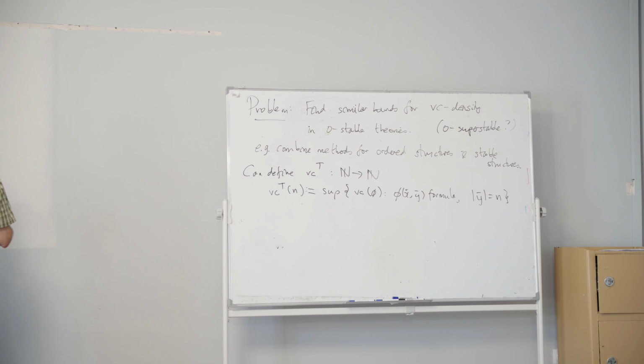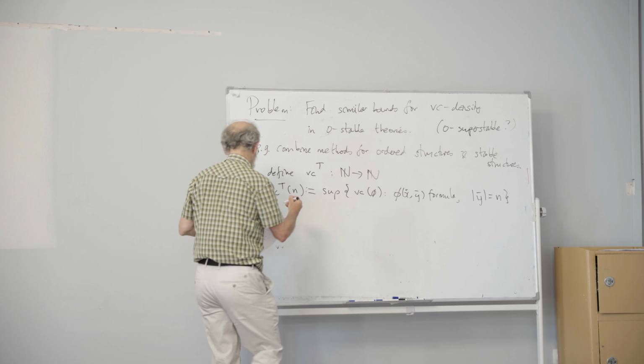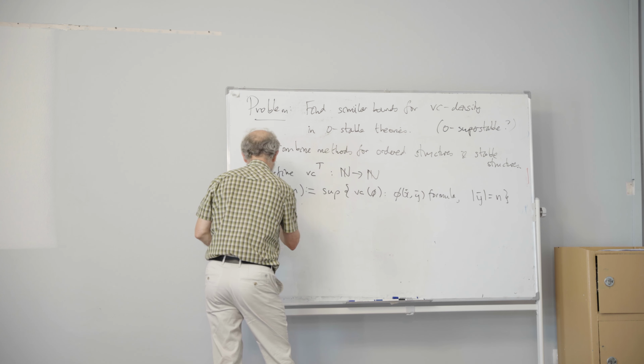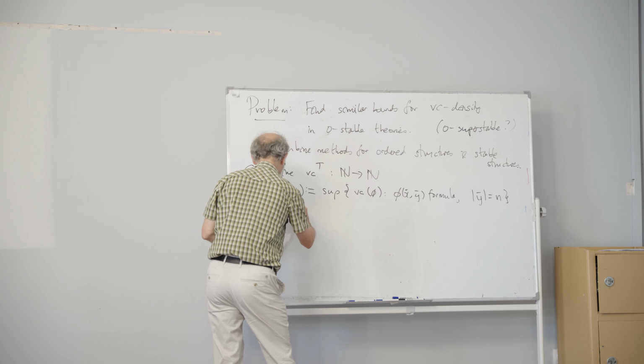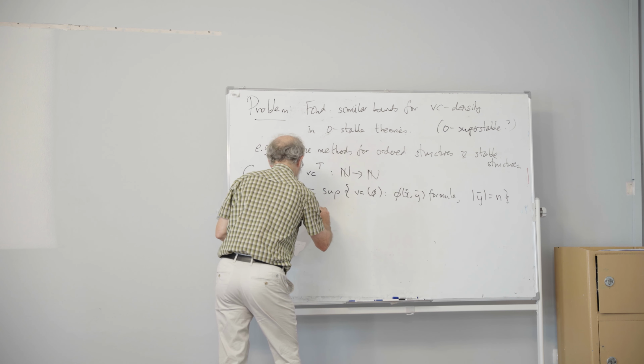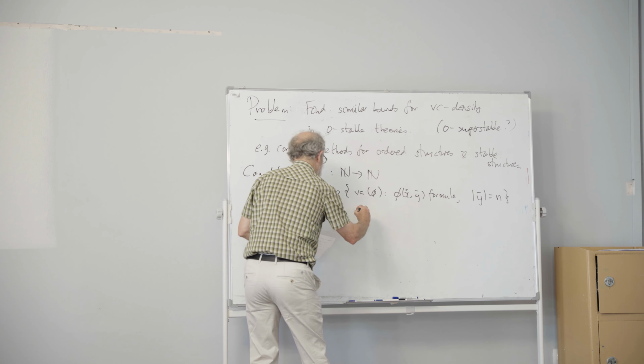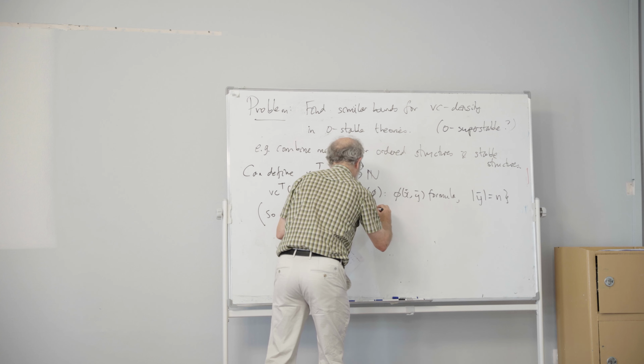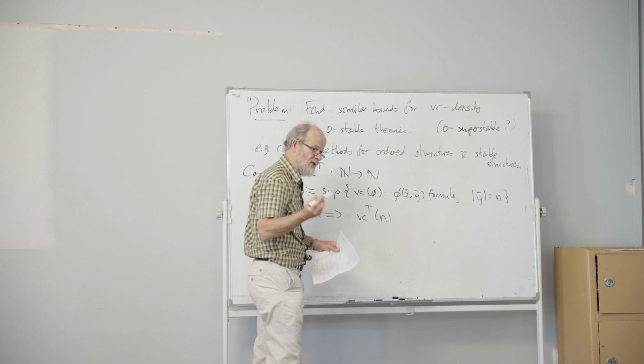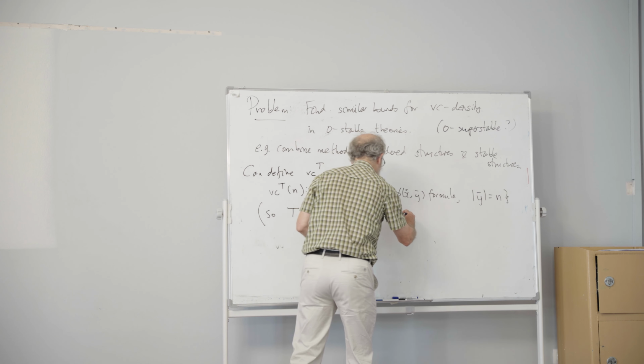So these are the results you just get n. T weakly o-minimal implies VC_T of n is at most n, but actually it can never be less than n, so it'll just be equal to n.